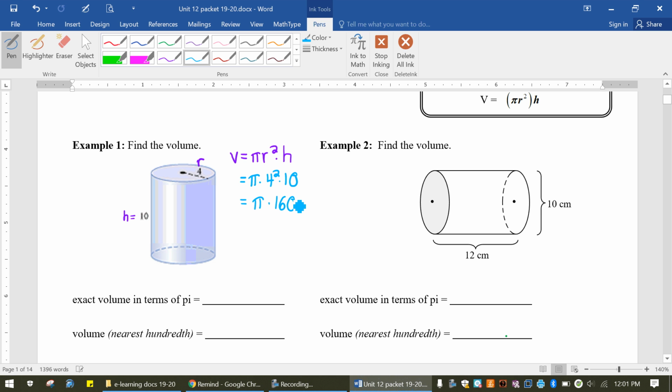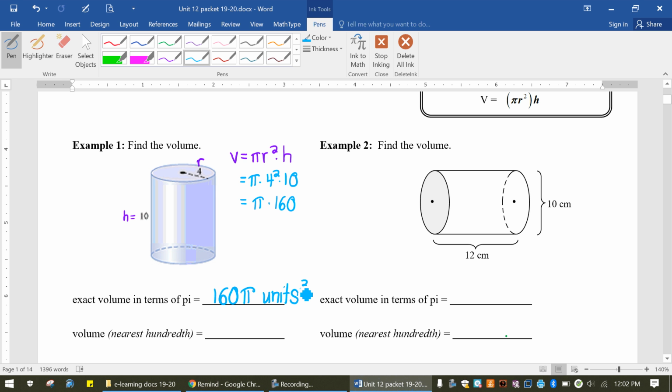So if we're going to do an exact answer, that's 160 pi. We're going to write the number in front of the pi. And I don't have any units given on here, so I'm just going to write units. And volume is units cubed.